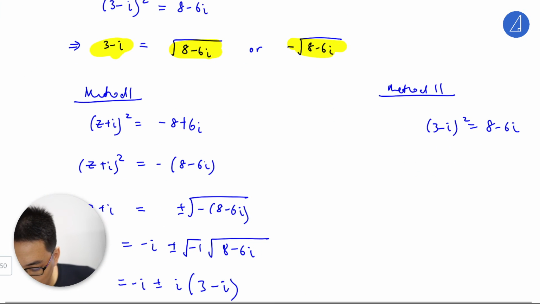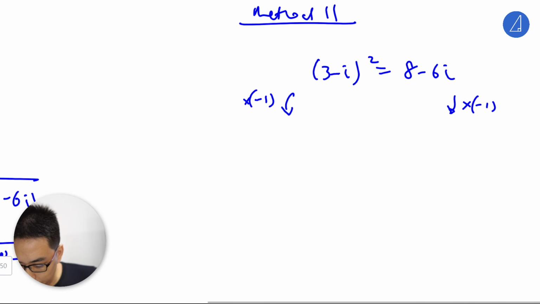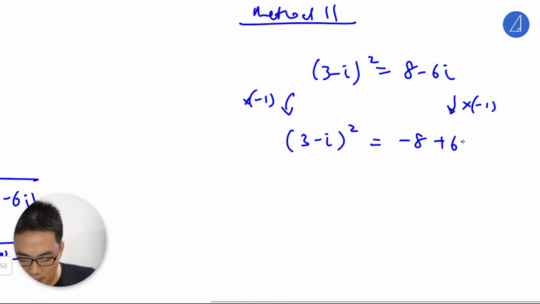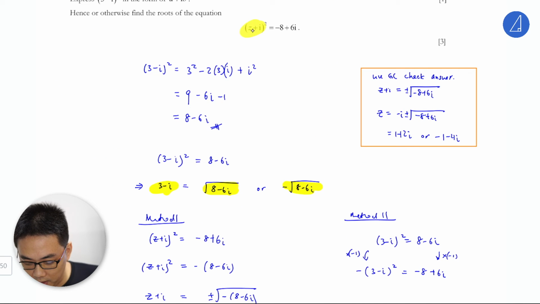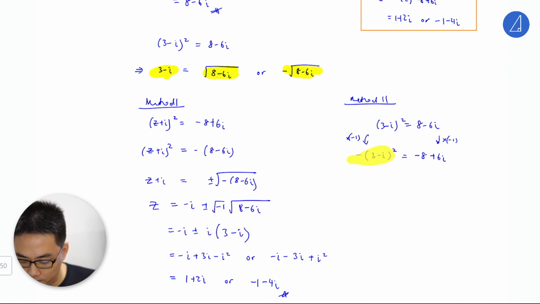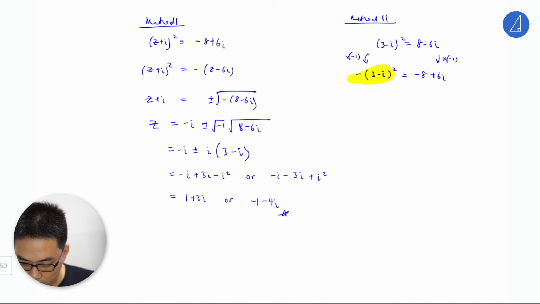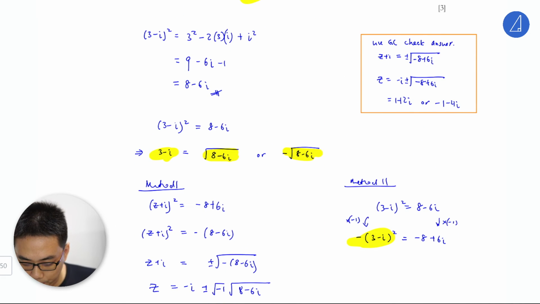Then what you do is multiply by minus 1. Actually, there are many ways to do it. This will be 3 minus i squared equals minus 8 plus 6i. In other words, this will equal this one.